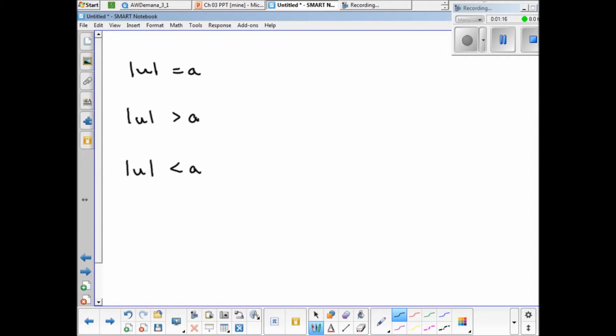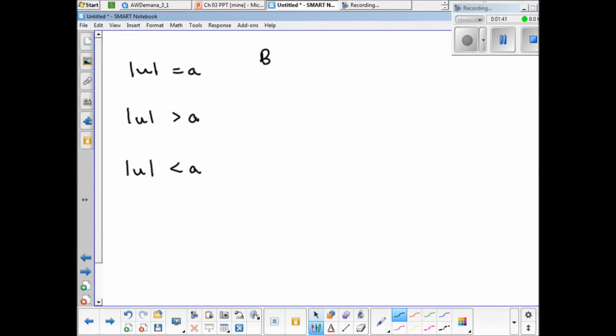Now we're assuming that u is an expression that contains the variable. So u itself might not be the variable, but it contains the variable. Okay, so it could be, for example, u could be like x plus 5 or something like that. But you're always going to handle it the same way.